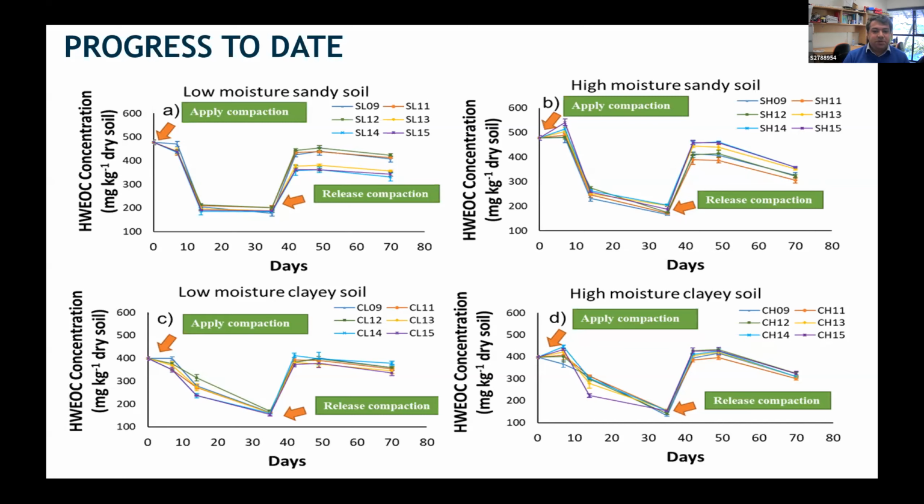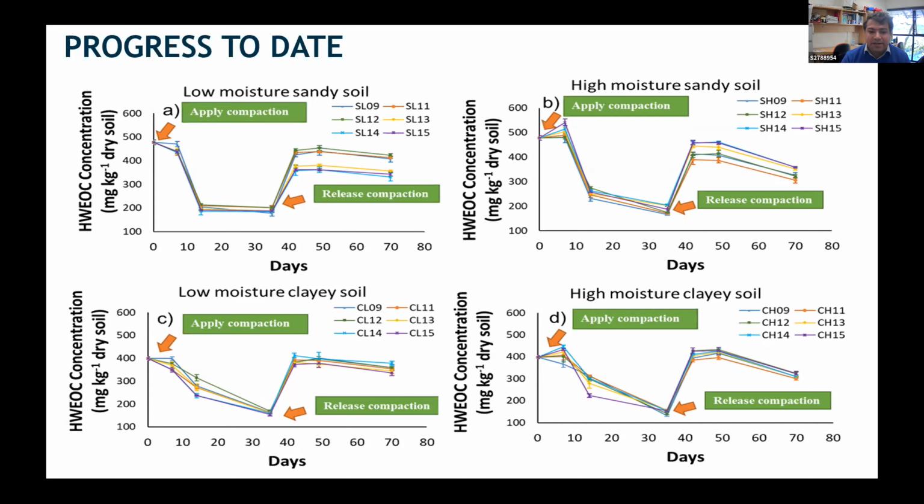Our previous experiment shows that there is a higher relationship between the hot water extractable organic carbon and your available food for microbial activities. So when you're measuring hot water extractable organic carbon, you have a better understanding of how much food is available for your microbial activities to grow.